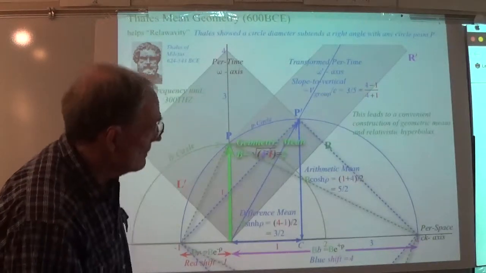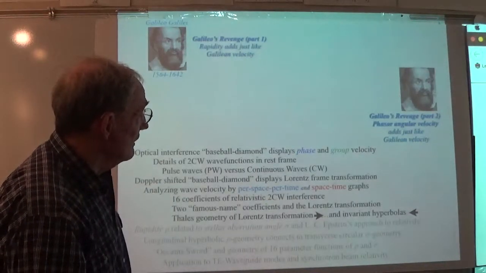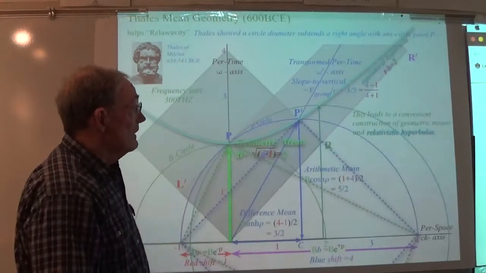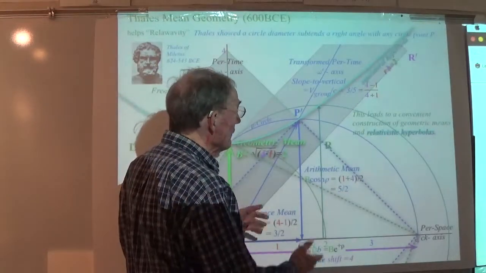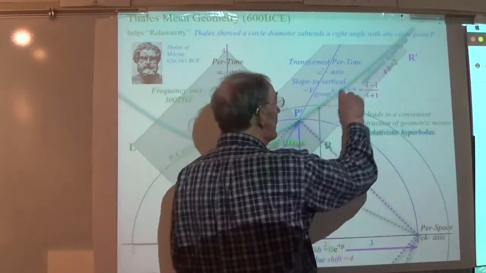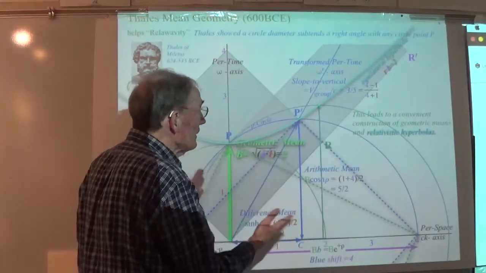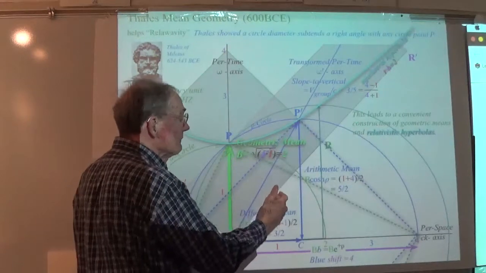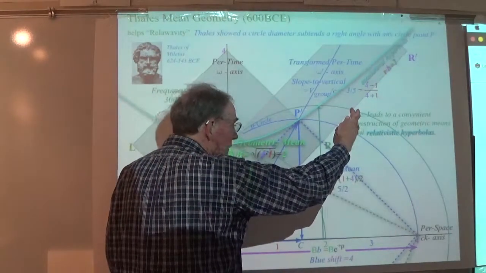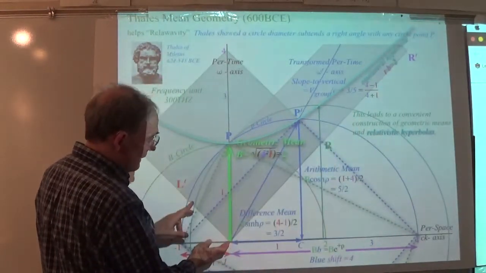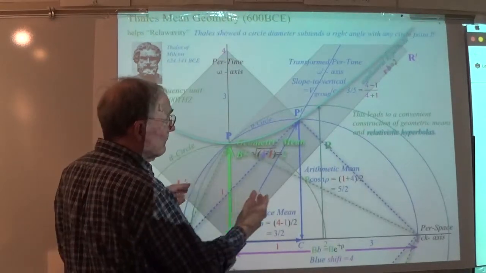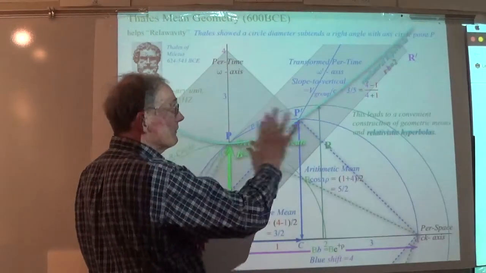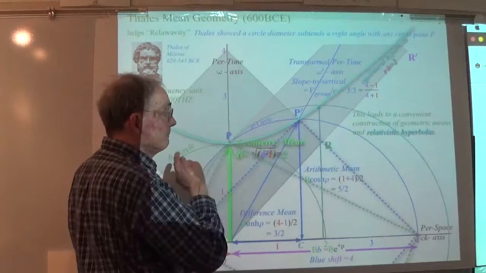Okay, so the idea then is that anytime you want to find a point on this amazing hyperbola, and the hyperbola is there because we always had to take the baseball time elongation factor to be the inverse of the shortening, so that the area of the baseball diamond for all possible speeds is the same.